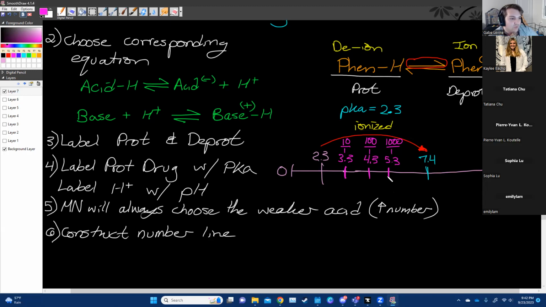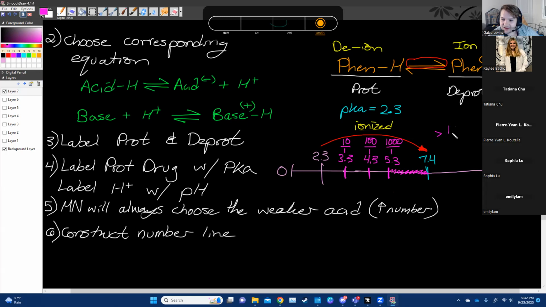And then we can do the math that helps us tell what the answer should be. We know that 7.4 is above the highest step we have, so it would be above 1,000 over 1.